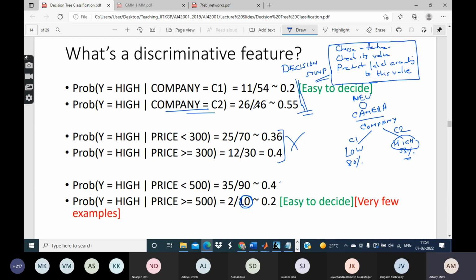Like I have already given you these three examples. I have also already said that this is a good feature, this is a bad feature, and this is a doubtful feature. So on the basis of this, given that I have to do the classification according to this framework, what do you think the best feature should look like?